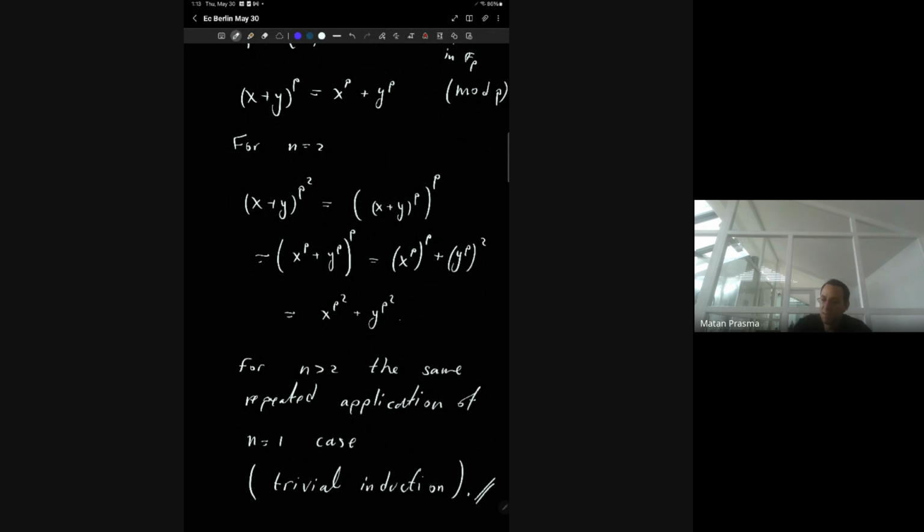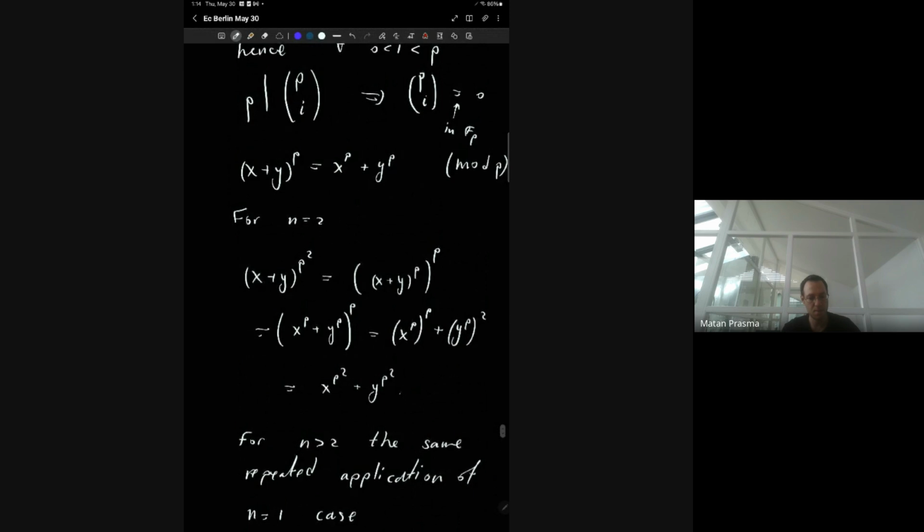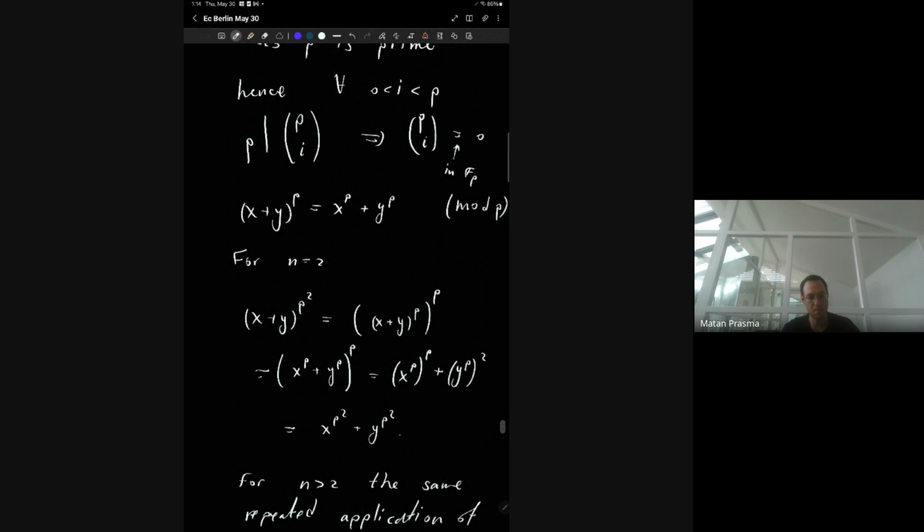Any questions on this lemma, the freshman lemma? Isn't it the first row, like applying that we know this binomial coefficient is 0, then we are inserting it into a formula.